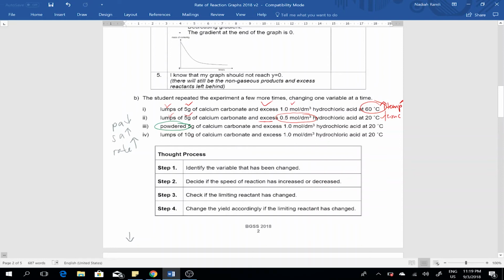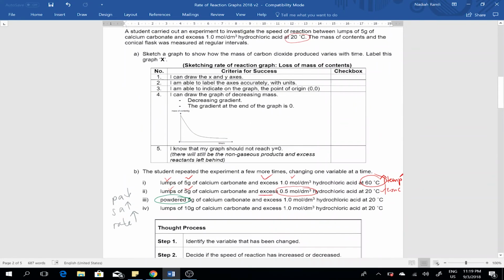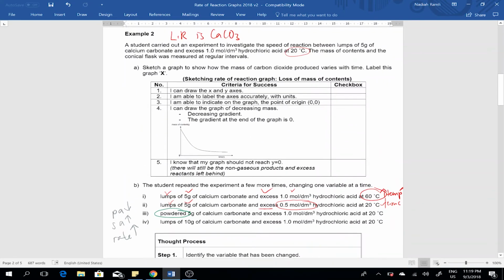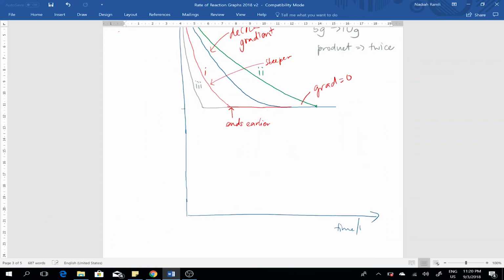Next, lumps of 10 grams of calcium carbonate. So the difference here now is 10 grams of calcium carbonate. And let's recall, the limiting reactant is your calcium carbonate. So if the amount of calcium carbonate changes, your product will change. So how much did it change?